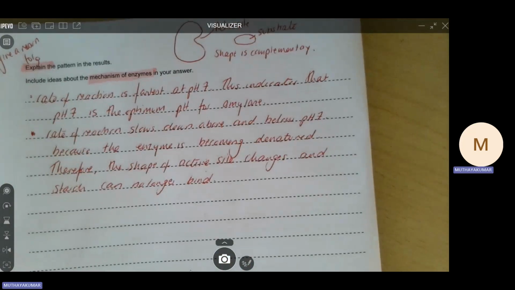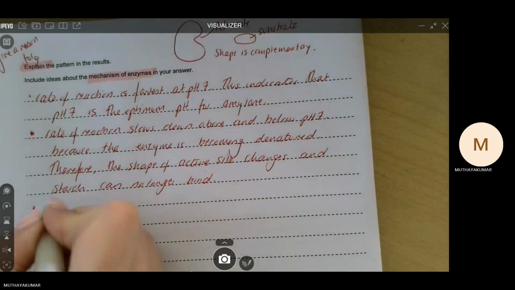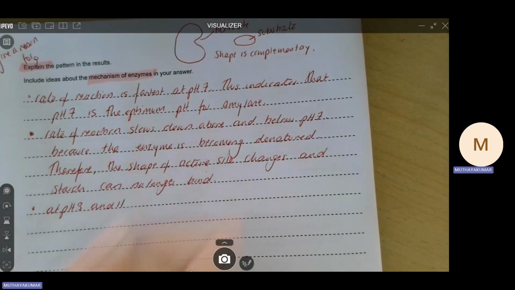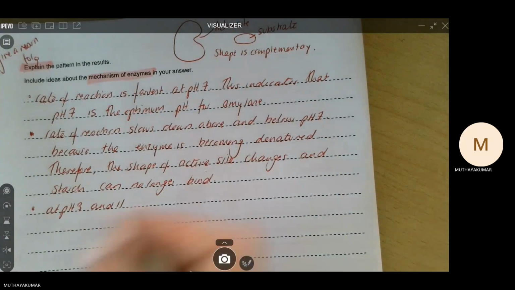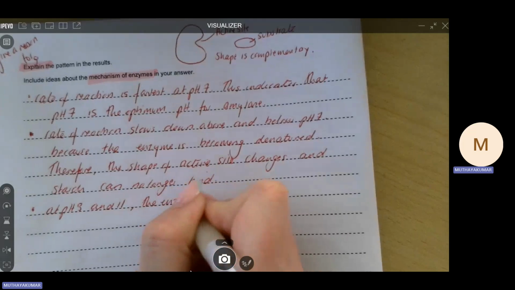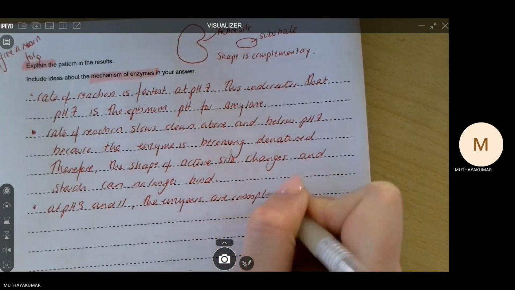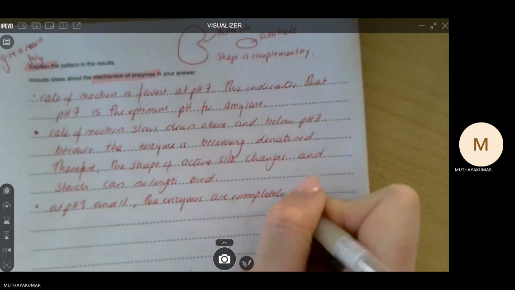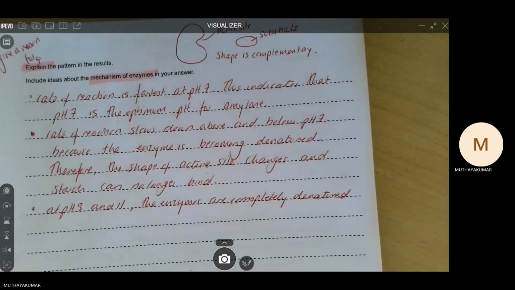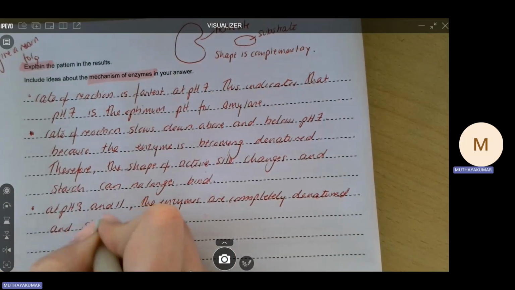And all that's left to do is comment about the pH of 3 and 11. So at pH 3 and 11, the enzymes are completely denatured, and starch has no longer been broken down.